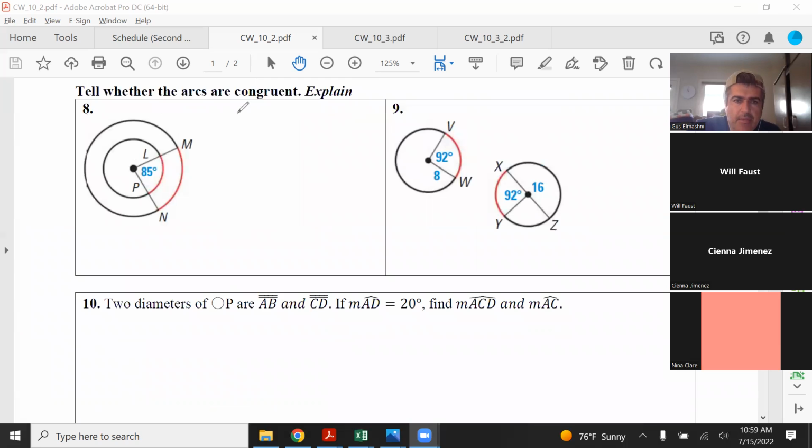Eight. The answer is yes. And that's because even though you have a bigger circle, actually, let me take it back. It's more about the measure of the arcs. Let me backtrack a little bit.